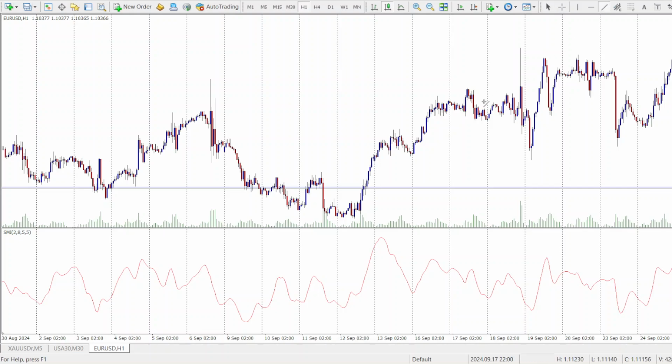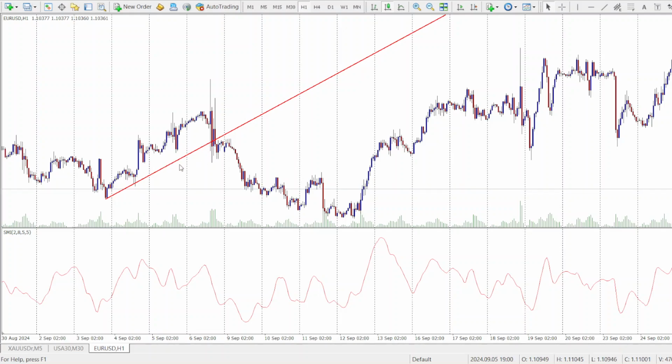As a trader who uses price action, you would want to remember that the trend lines show us dynamic support and resistance levels, right?